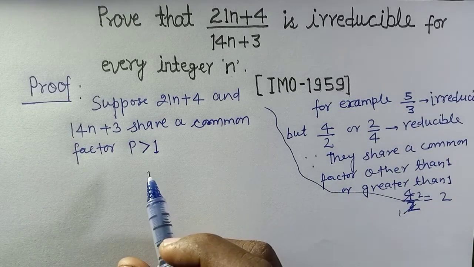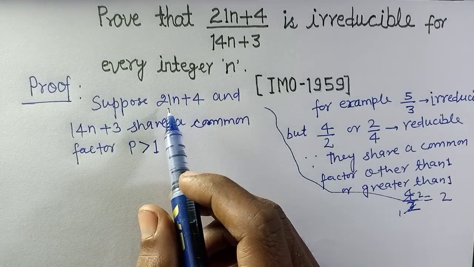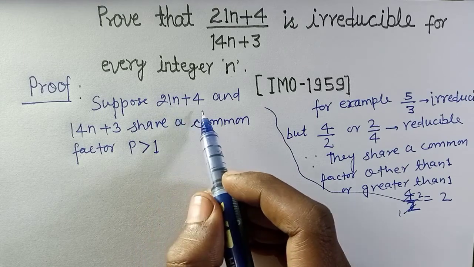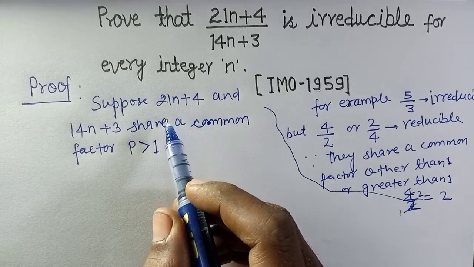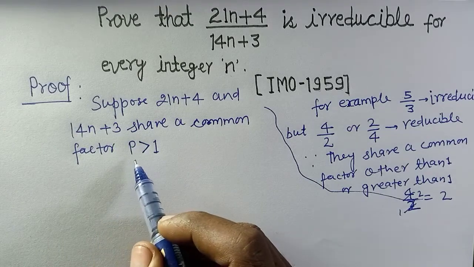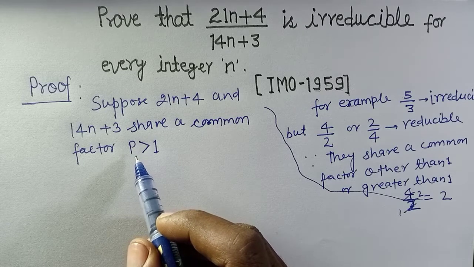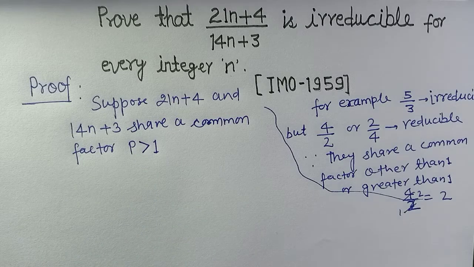So we have assumed that 21n + 4 and 14n + 3 share a common factor p which is greater than 1.